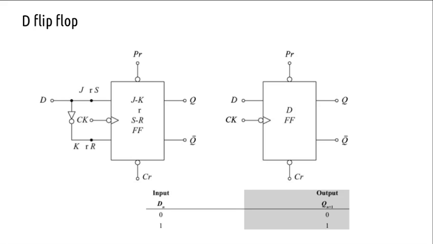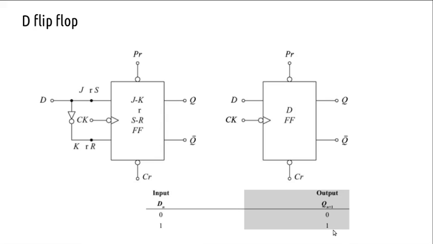A data flip flop can be made from SR or JK. Here the input is inverted and given to JK or SR, and the difference is that whatever is happening at the input will be reflected in the output. We talked about the D latch, the transparent latch, the same thing. Here it is a flip flop, with the clock it became a flip flop. Edge triggering is used, and this one is negative edge triggered. So you have D equals 0 means Q is also going to be 0.